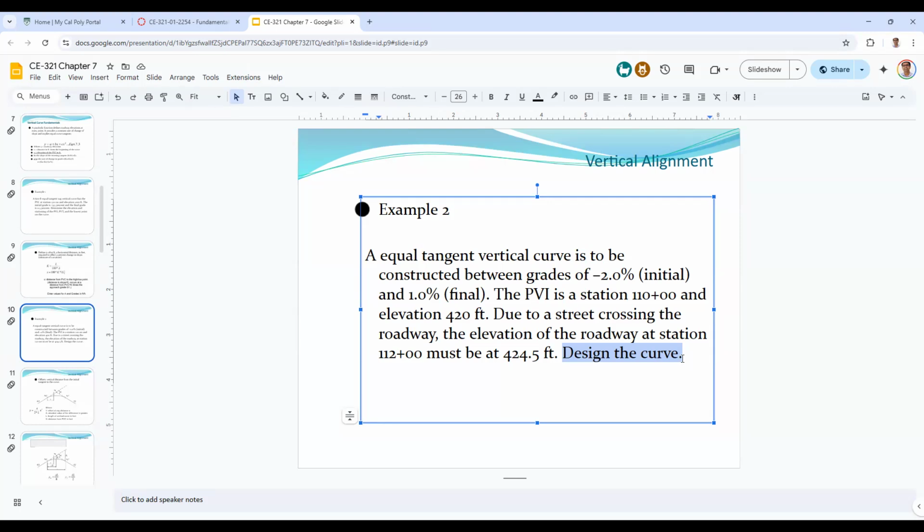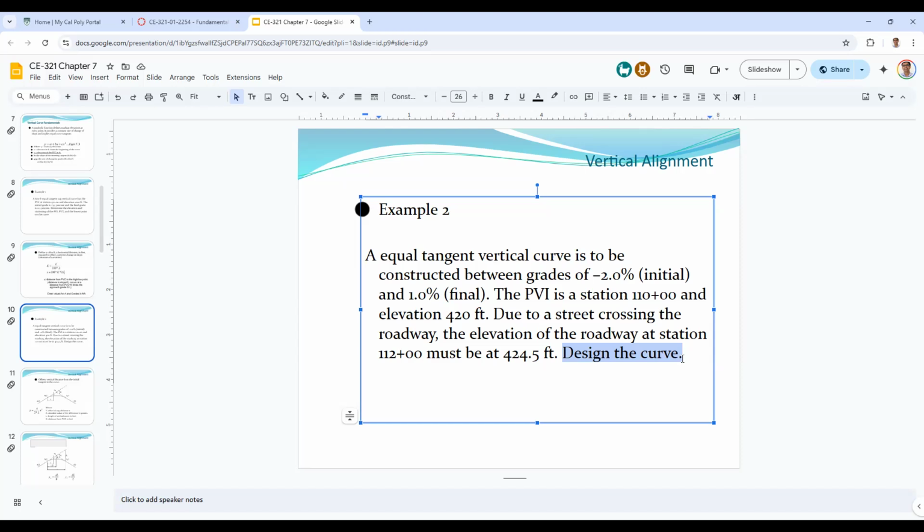So if somebody says design the curve, the most important thing you need to find is the length of the curve. So L in this problem is going to be an unknown. This is going to be the L value, and I actually don't know that, because that's the problem: design the curve.